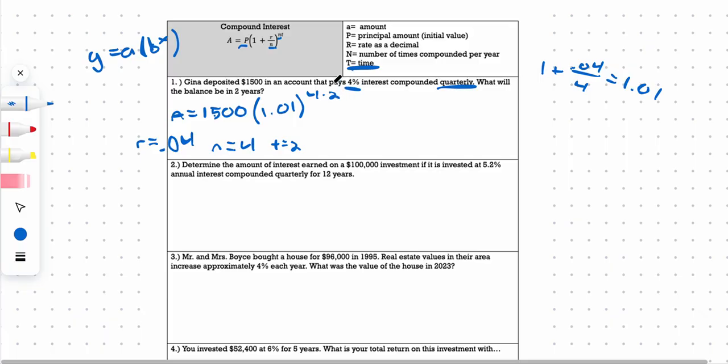So we have 1.01 to the 4 times 2 power, which is just to the 8th power. I got something like 1.083. And now I'm going to multiply that by 1,500. And I get approximately 16,024.29 dollars.